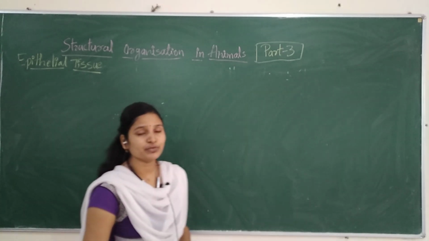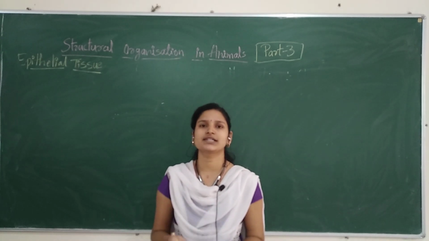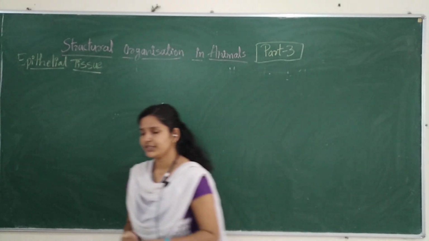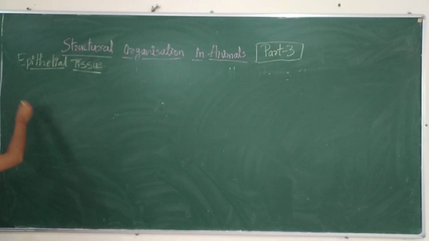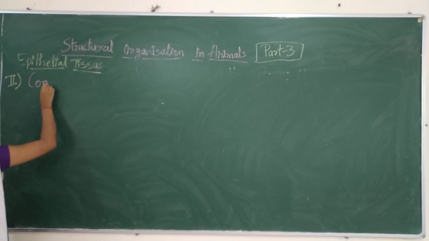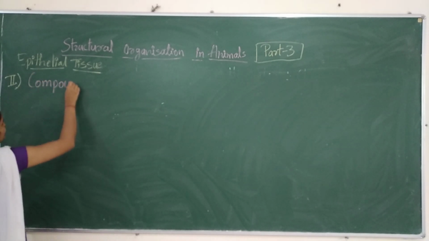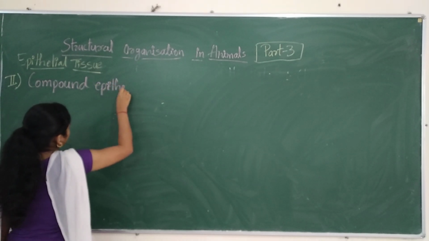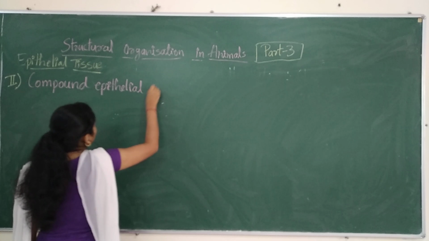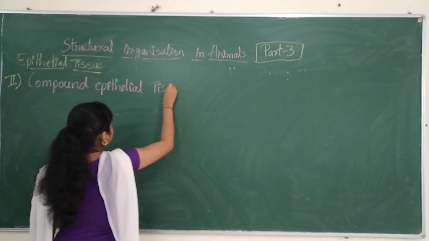Okay, so we'll move further. That is the next type of epithelial tissue. What is the second type? Very good, compound epithelial tissue. So what do you mean by this?